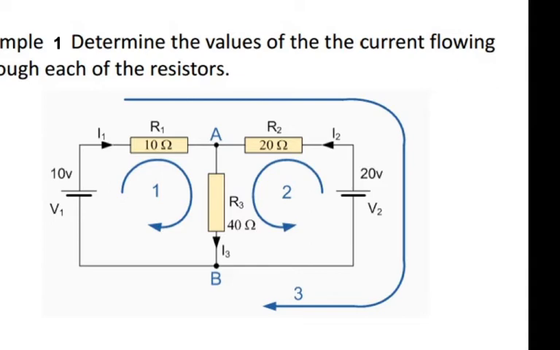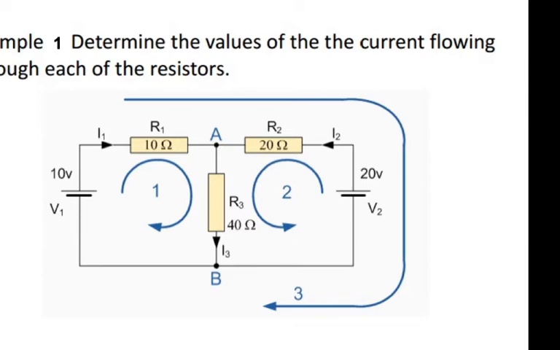They've even labeled our junctions. You can see A is one junction at the top, in the middle, and B is the junction on the bottom. What a junction really is, is any place where 3 or more wires are meeting. So in this case, both of our junctions have 3 wires running into them.